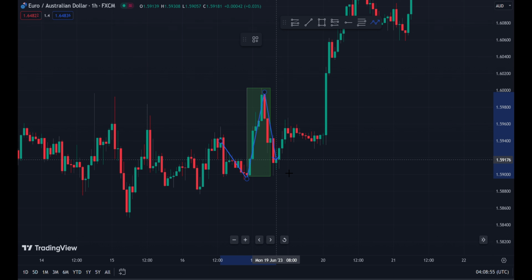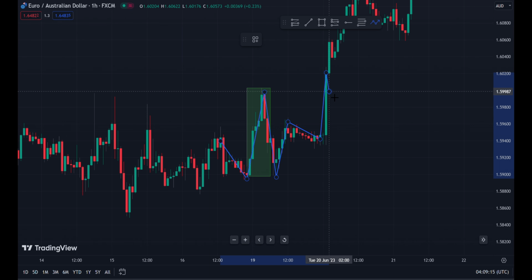then the market will retrace back into this base down here. After retracing back, the market will make an impulse movement. Doesn't matter what it will do while moving up, but it will make an impulse movement until it goes up here.